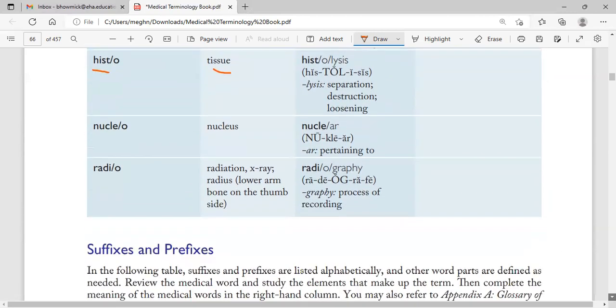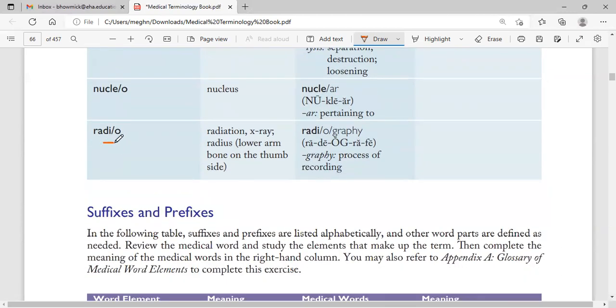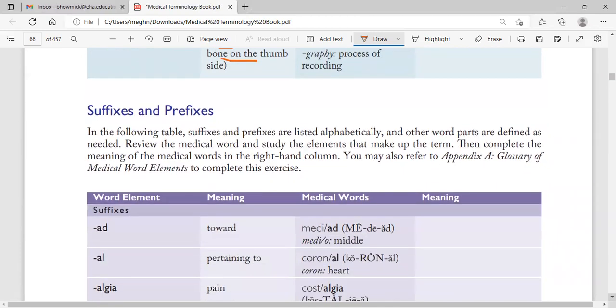And then radio, radiation, X-ray; radius, a bone of the limb; radiography, right?